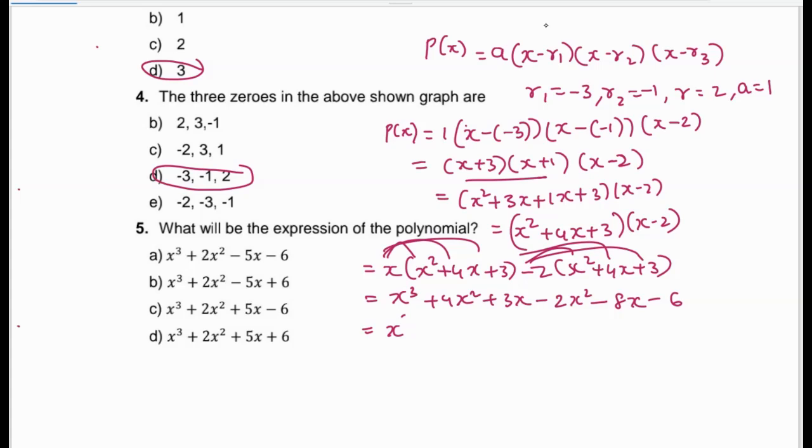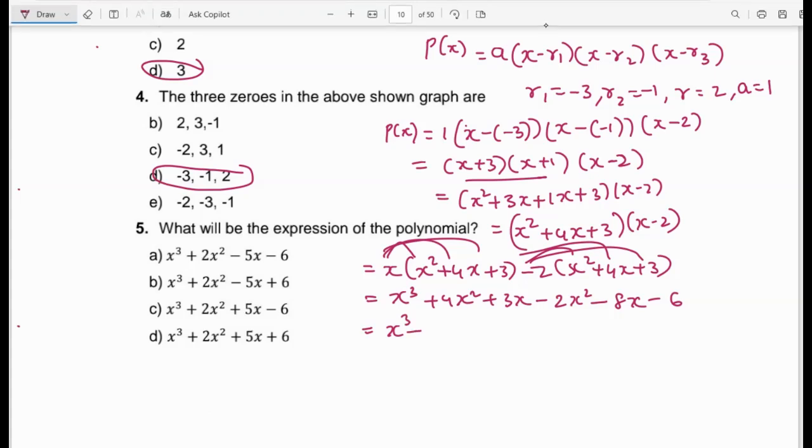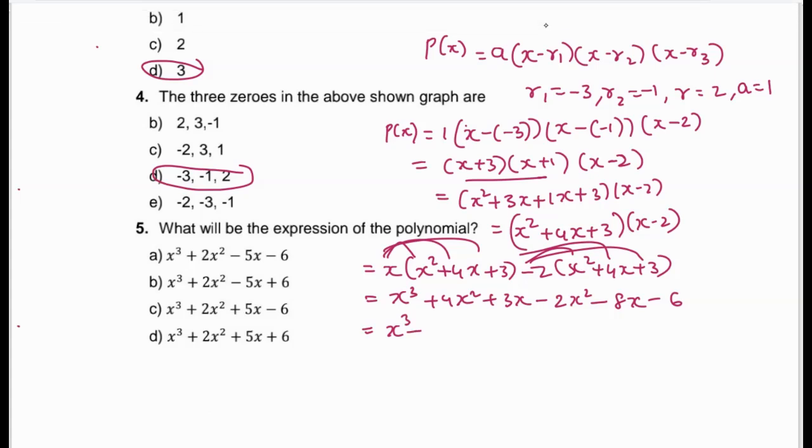So it will be x cube, plus 4 minus 2 is plus 2x square, then plus 3 minus 8 is minus 5x, then minus 6. So the answer is B, x cube plus 2x square minus 5x minus 6, the answer for the given question.